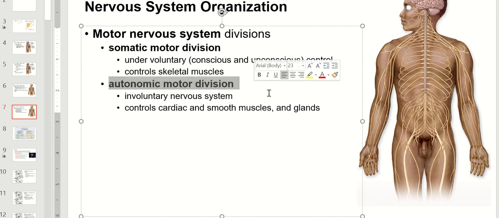The autonomic motor division is your involuntary system. This is the system that controls your cardiac muscle, the smooth muscles, all of your glands, your organs. So this is the system that's keeping your heart going, keeping your lungs going, sending saliva to your mouth and creating mucus in your nose, and secreting acid in your stomach after you've had a meal, and making your digestive system contract to digest the food and move that food along through your digestive system.